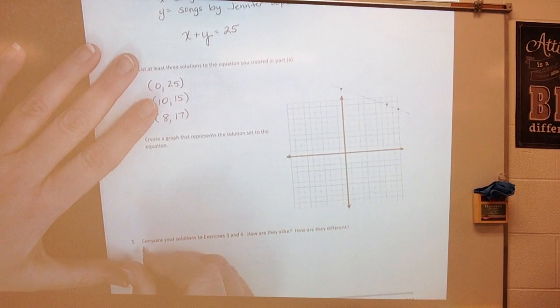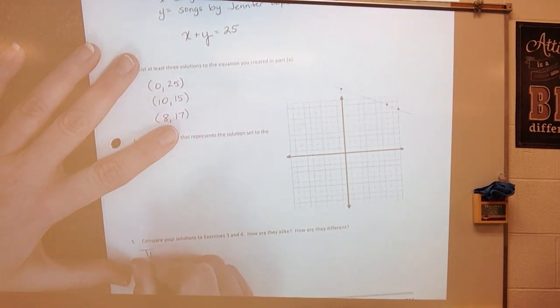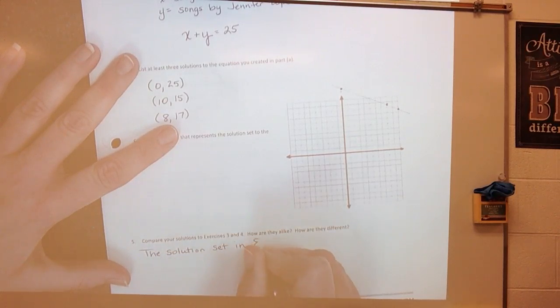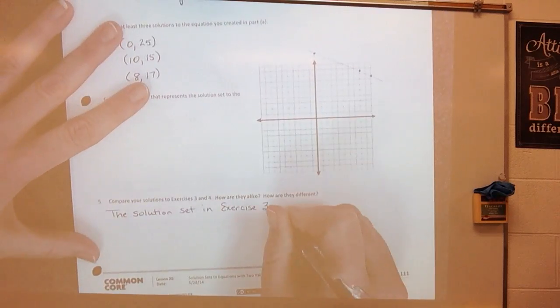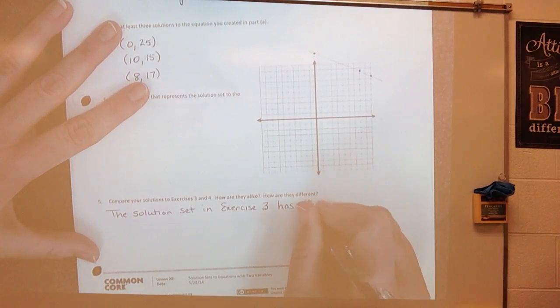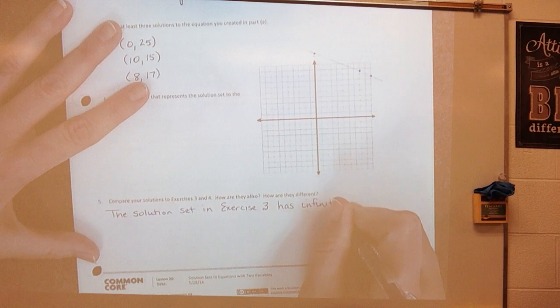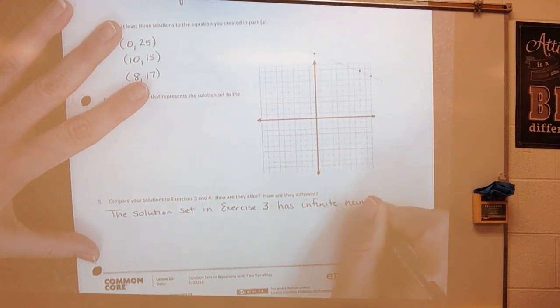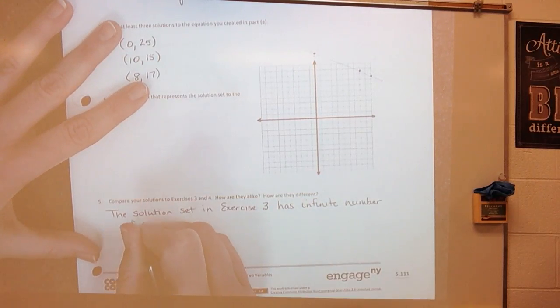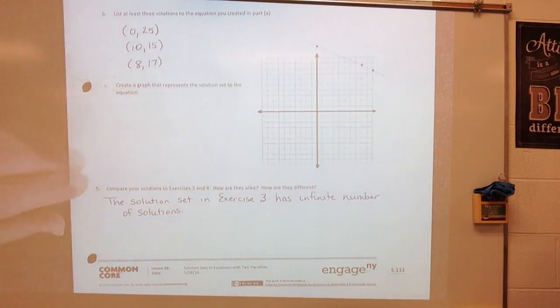So, the solution set in exercise 3 has an infinite number of solutions. All right, I can keep putting number after number after number.